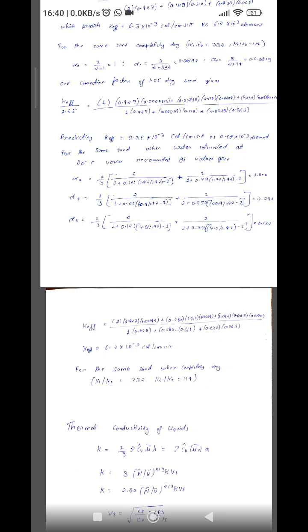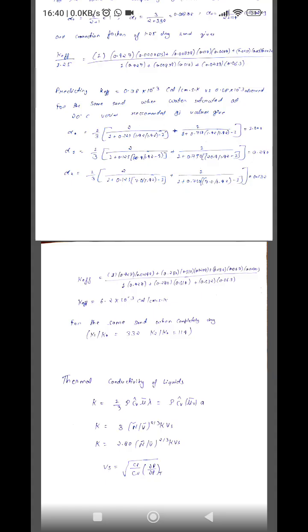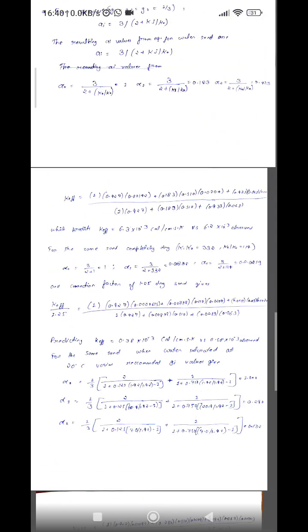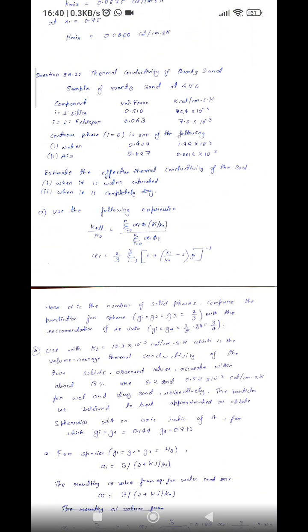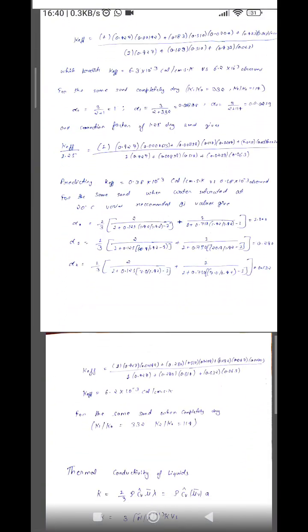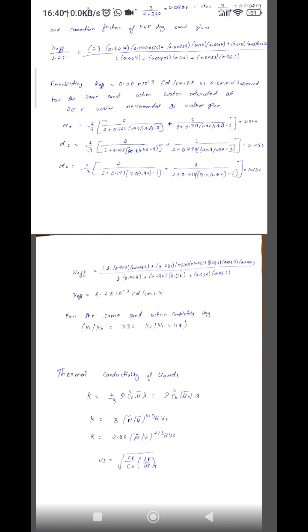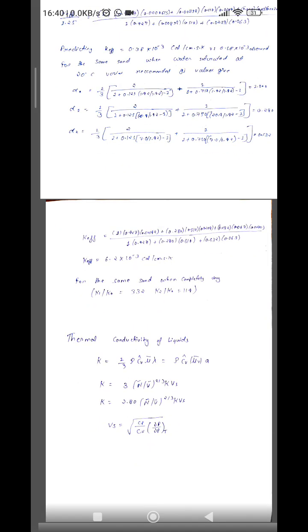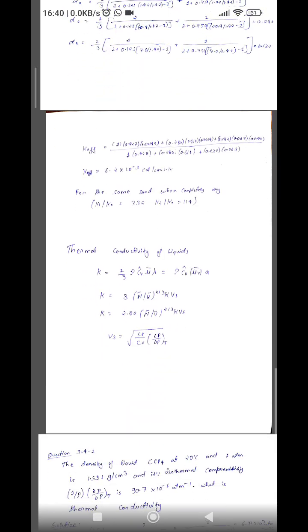Same procedure like above. So from the above formula, putting alpha naught, alpha 1, alpha 2, the K effective is coming out to be 6.2 into 10 power minus 3, compared with the same sand when completely dry. So you can see the ratios K1 upon K0 and K2 by K0.